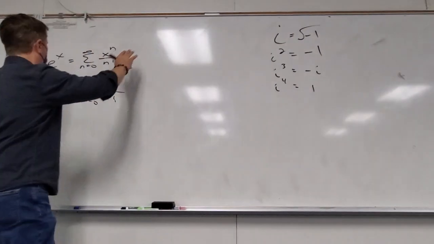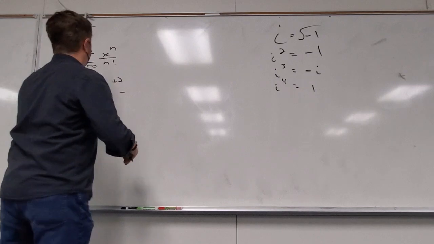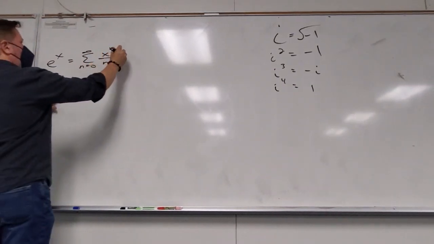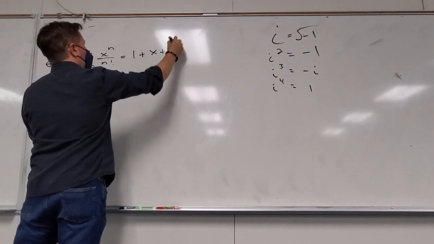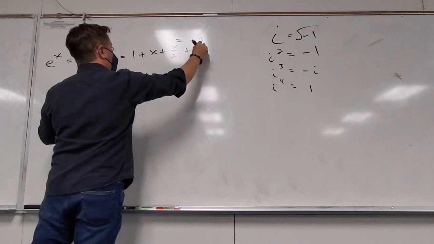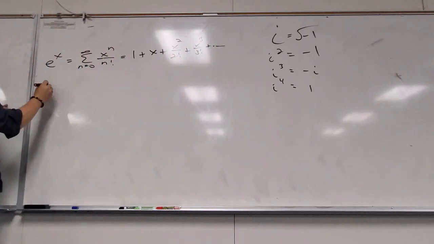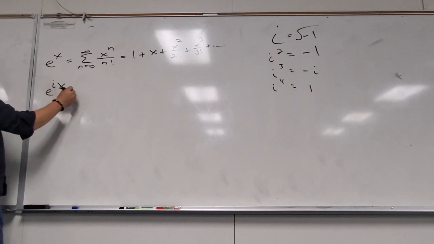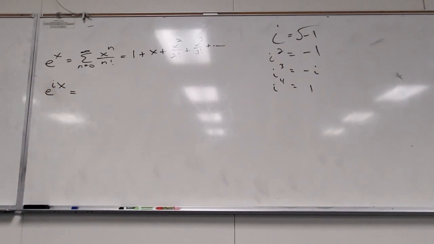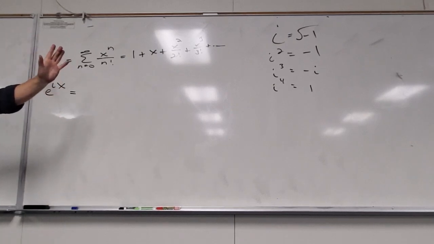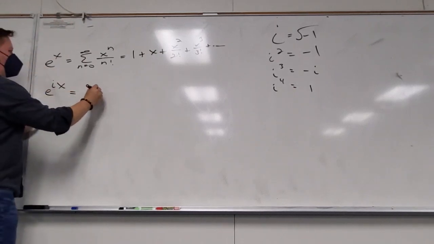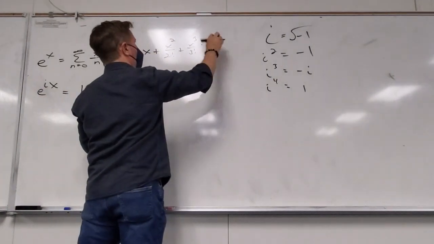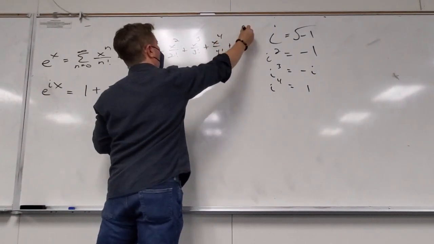Okay, so what does that have to do with anything? What is e? In fact, let's write this out. Write out some terms: 1 plus x plus x squared over 2 factorial plus x cubed over 3 factorial plus x to the 4th over 4 factorial, x to the 5th over 5 factorial.